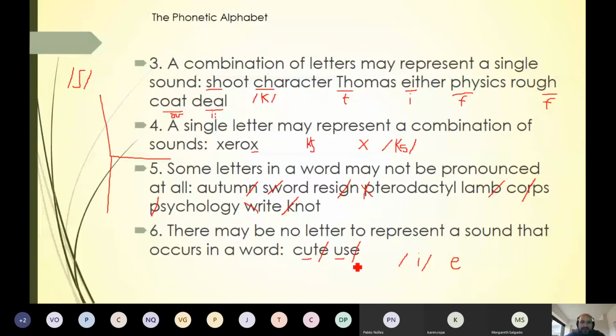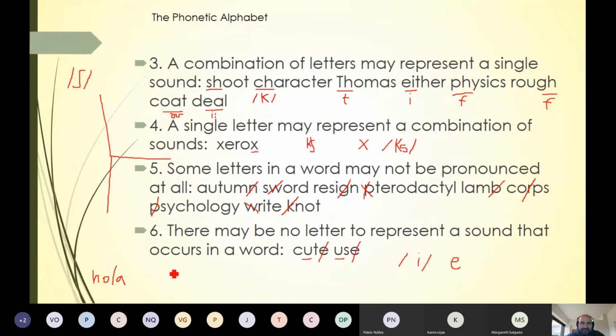All right. So we are facing here some issues in terms of the language, in which we see that there is no one-to-one correspondence. Sometimes we have some letters that are not pronounced. I guess we have the same thing in Spanish with the letter H when we say hola, right? We have a silent H at the beginning. So some languages have that particular relationship in which some graphemes are not actually produced, right?